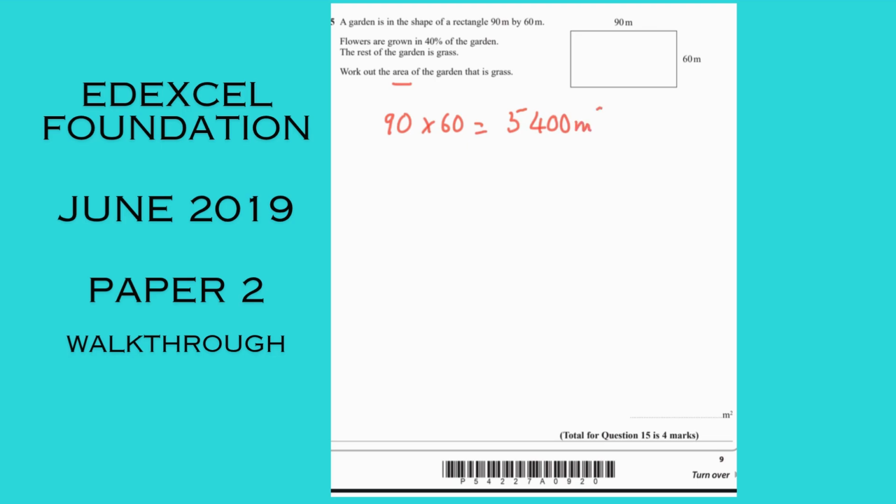It will obviously be in meters squared. 40% are flowers, so 60% is grass. 60 out of 100, multiplied by 5,400. Type it in your calculator, giving you 3,240 meters squared. Not a bad one.